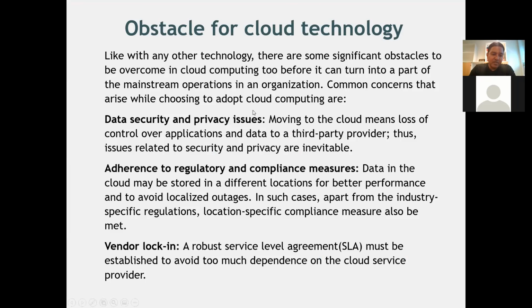Though the cloud service provider provides a tremendous amount of security, still the vulnerability is there. There will be a loss of control over the application. The data is with a third party. So security and privacy is an issue.